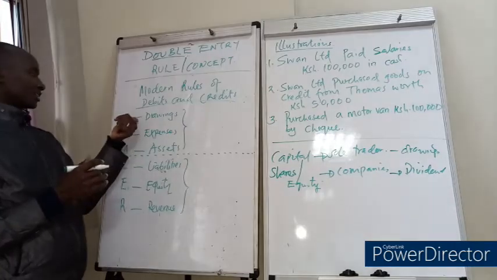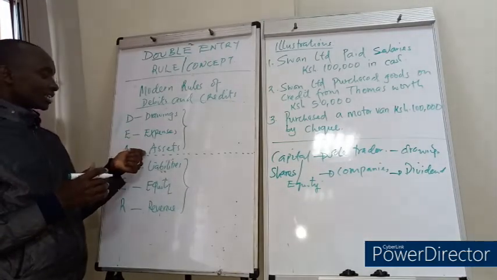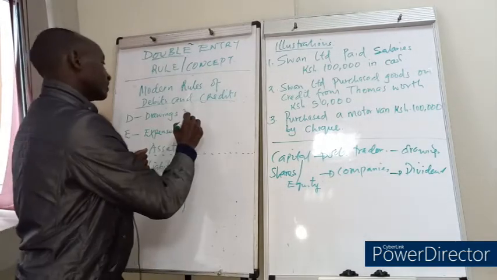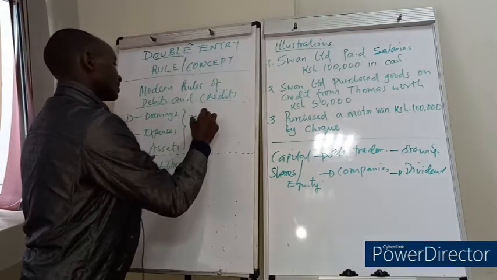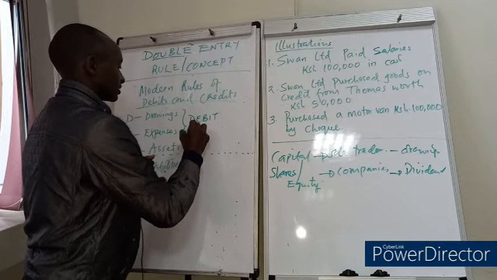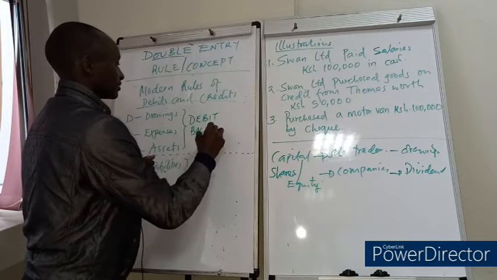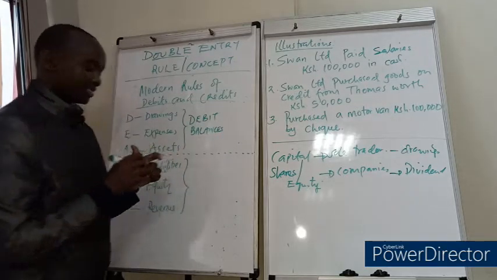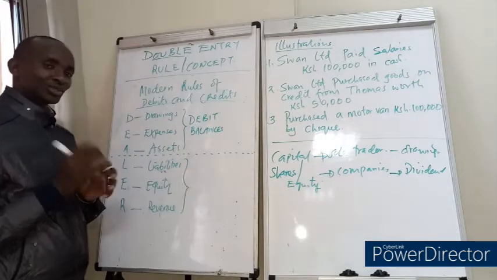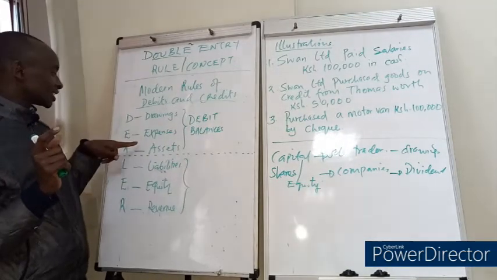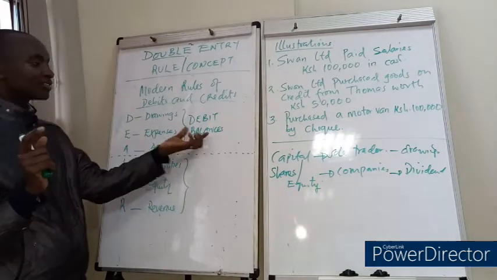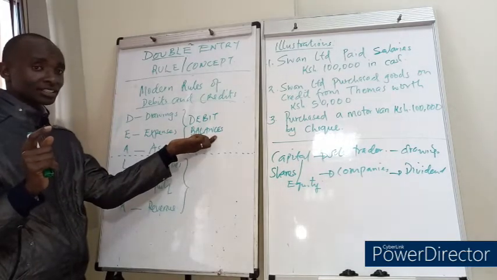These items here, the drawings, expenses, and assets, have got debit balances. I want you to take note: the drawings, expenses, and assets have got debit balances.